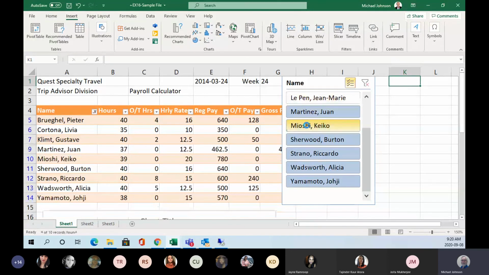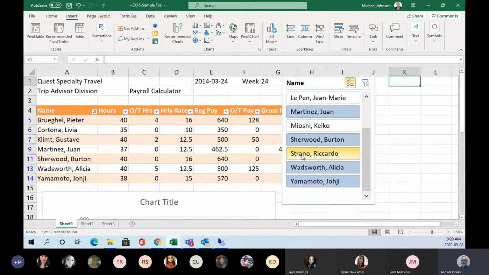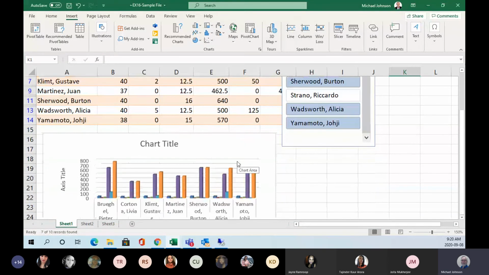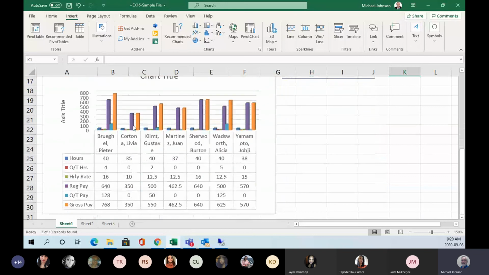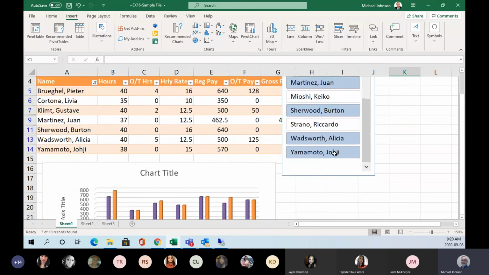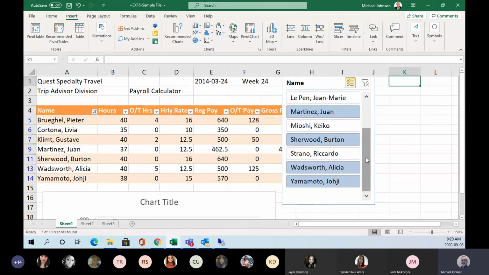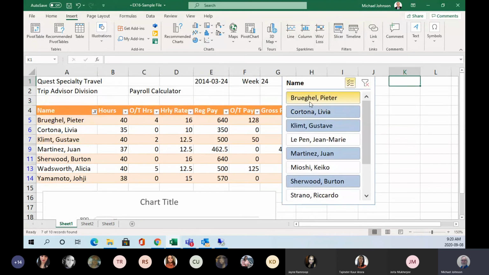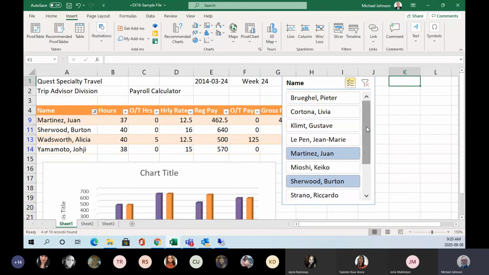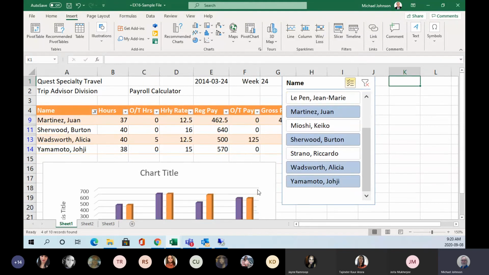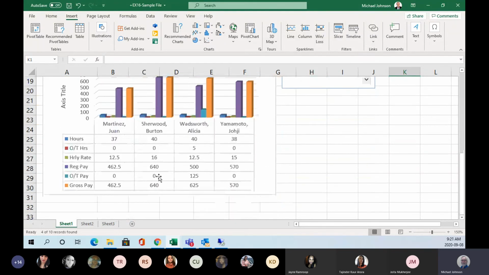So this one here, and I'll choose this one. There you go. So all three of those have actually been chosen, and there's the information about them. So I can contrast to find out about each and every one of these individuals, to find out how they stack up against other employees and how much is being earned by each one.